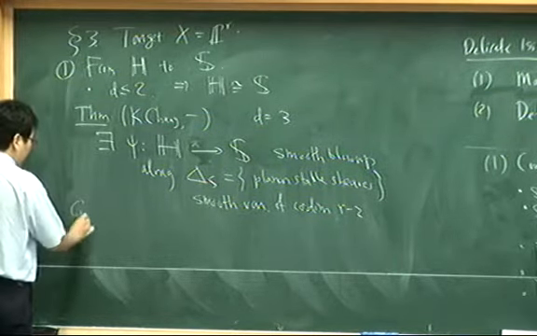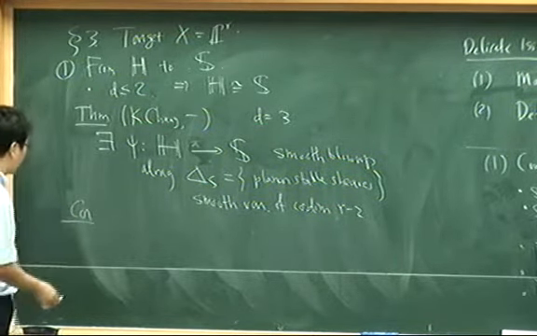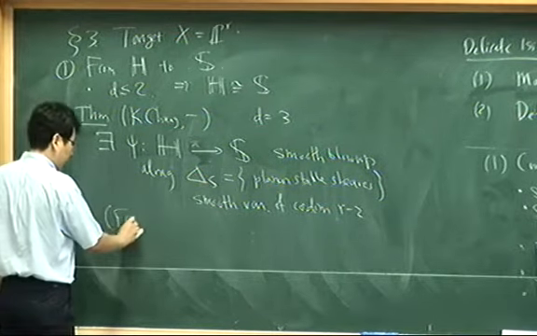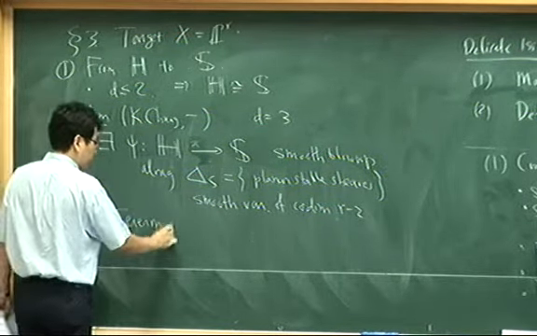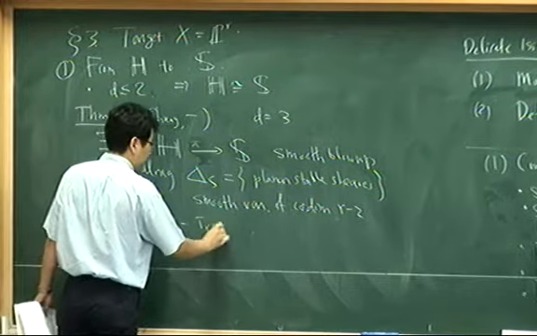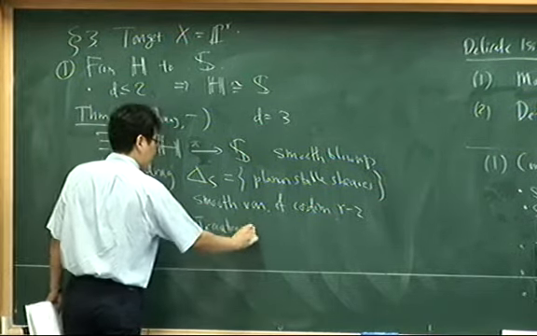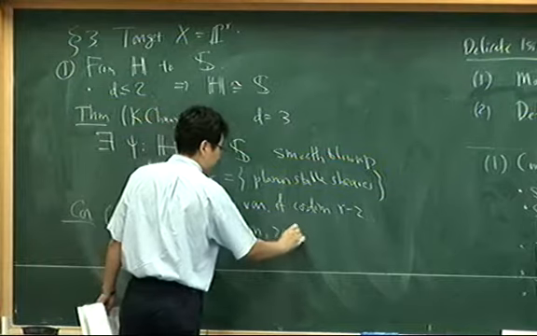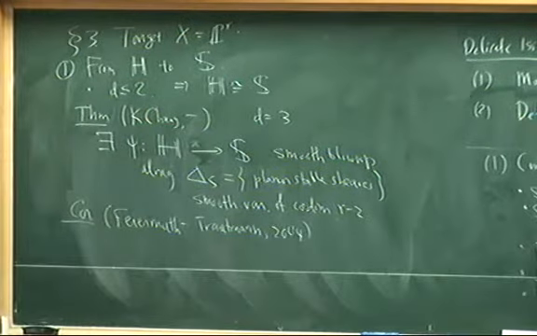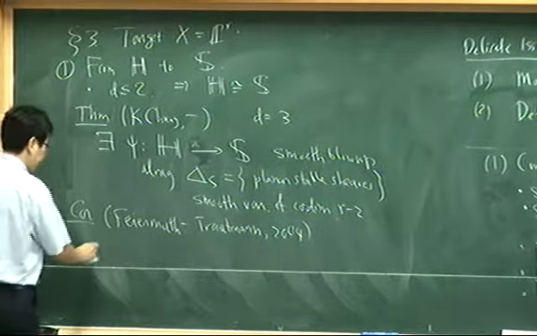So as an immediate corollary, we can obtain a theorem of Freimuth and Trautmann, which appeared in the American Journal of Math 2004. This is the main theorem of their paper. They prove the following.